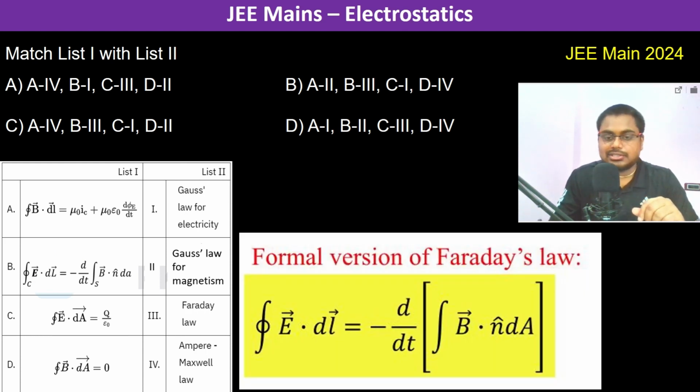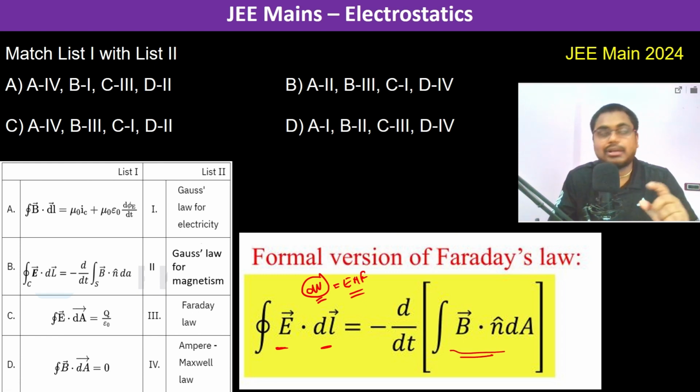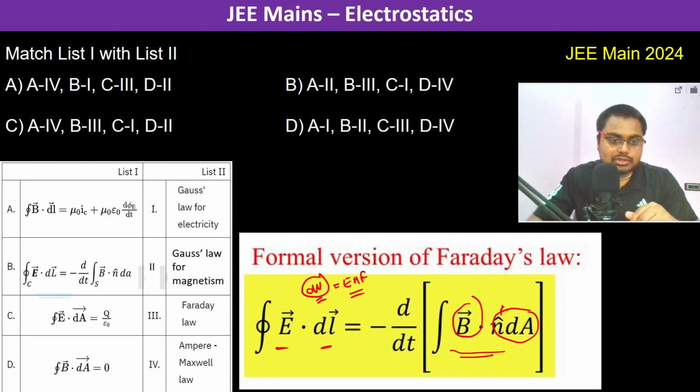This is the formal version of Faraday's law. This E dot dl gives us dV, which is the EMF, and this is equal to minus d phi. Phi is the magnetic flux, which is B dot A, and A is the unit vector in the A direction. So this matches Faraday's law.